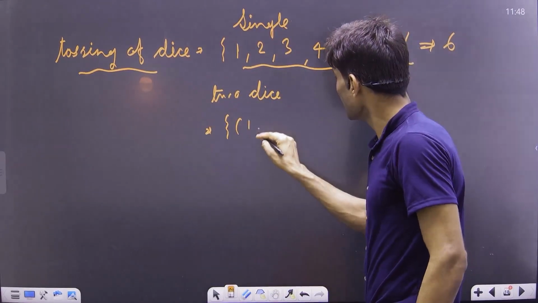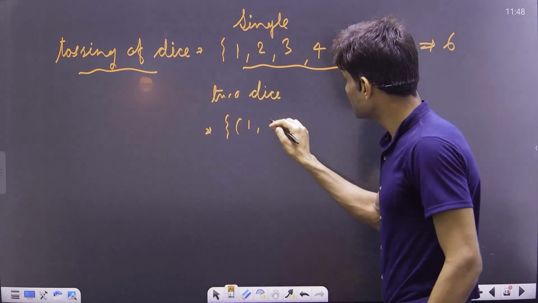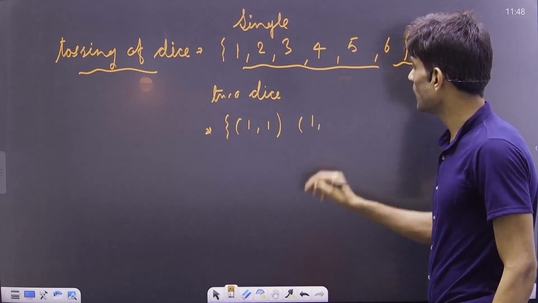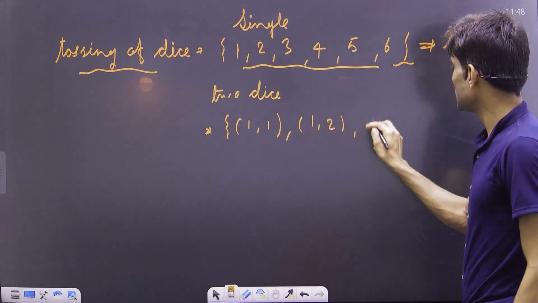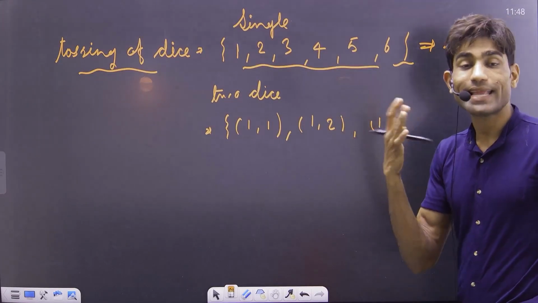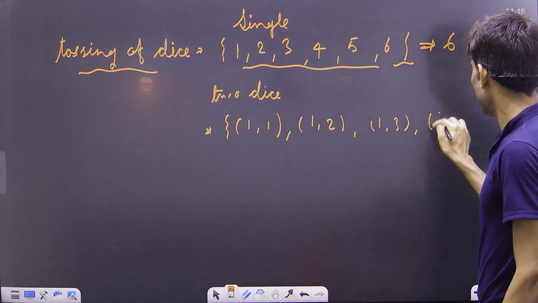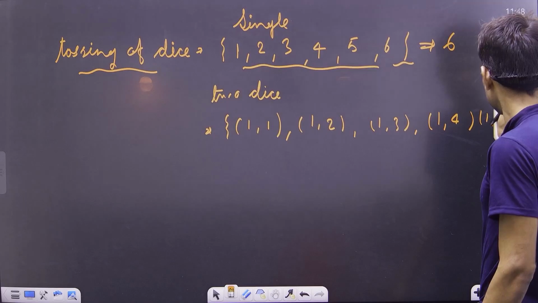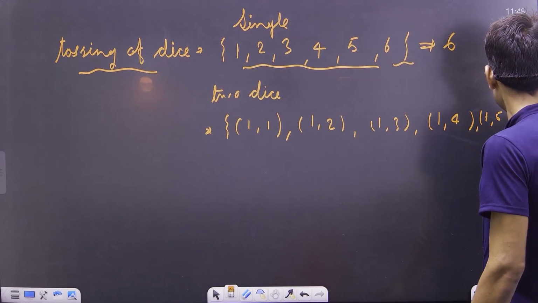Now we can see the first dice can give 1 dot and the second dice can also give 1 dot. The first dice can give 1 dot and the second dice 2 dots. Next, first dice 1 dot, second dice 3 dots. Then 1 comma 4, 1 comma 5 and 1 comma 6.